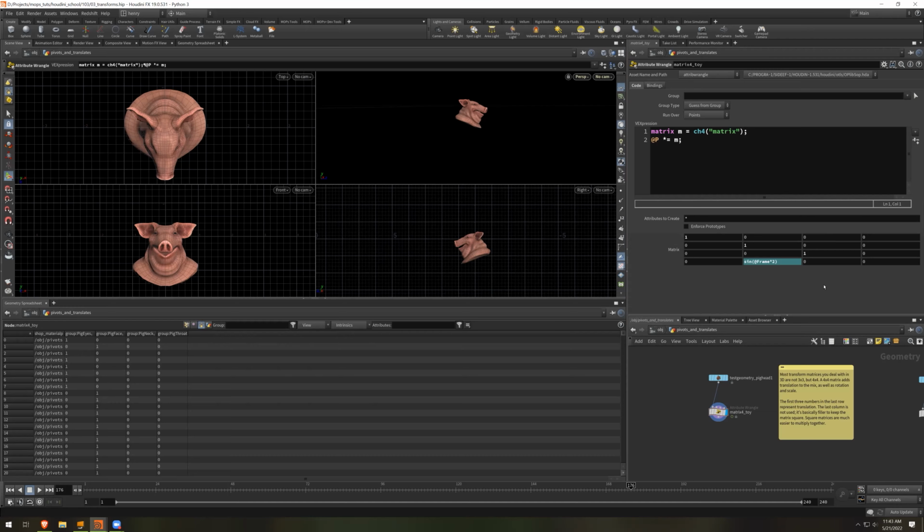One other thing I should mention is that the order in which you're seeing these values here is what we call row centric. So row 1 here is our x vector, row 2 is our y vector, row 3 is our z vector, and row 4 is translate. A lot of the time, if you're looking at math online or in math textbooks or in other software, you'll see matrices described as column centric.